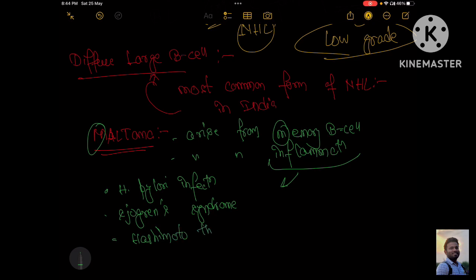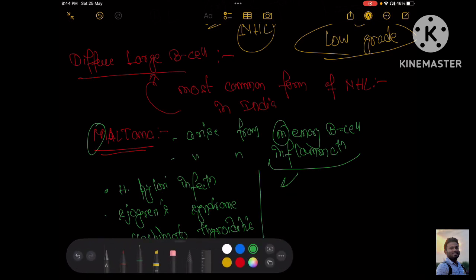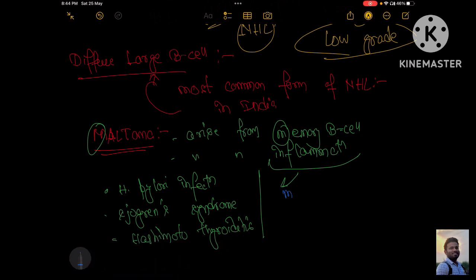The most common site for extranodal lymphoma is stomach.